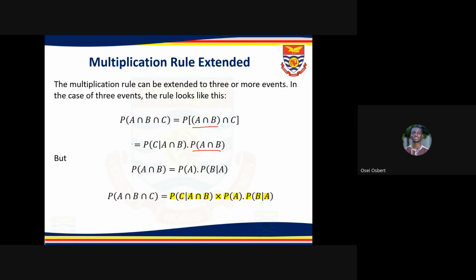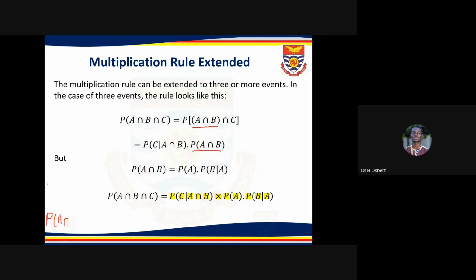And by extension, we have probability of A intersection B intersection C equal to probability of C, given that A intersection B has occurred, times probability of A, times probability of B, given that A has already occurred.